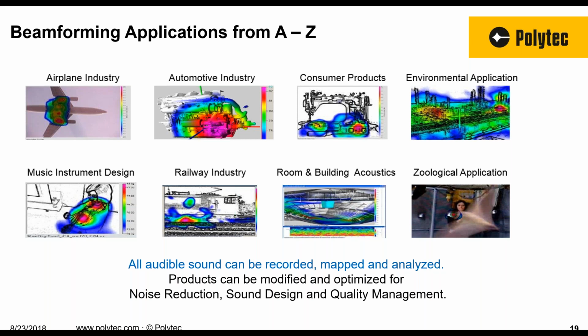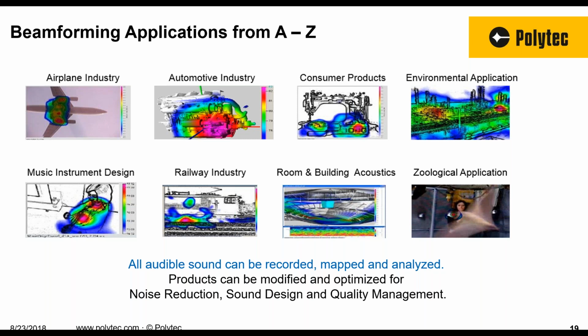Then automotive industry, we're seeing a lot more now as we're moving into electric vehicles. Your typical sound sources from a combustion engine are no longer there, which now uncover sources that were previously masked by the combustion engine. So that's been a big push lately.